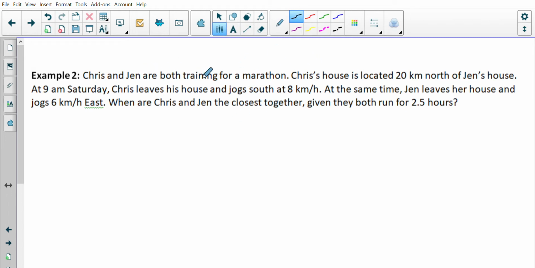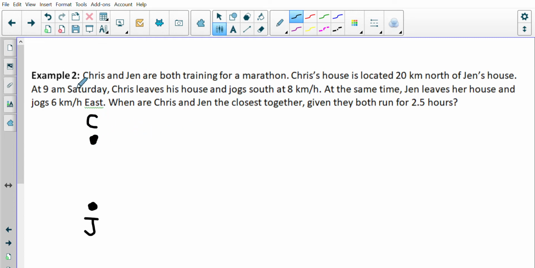So let's see. They're both training for a marathon. Chris's house is located 20 kilometers north of Jen's house. All right, so in terms of a diagram here, there is Jen's house. So I'll put a bit of a J there. And let's put Chris up here, north. There's Chris's house.